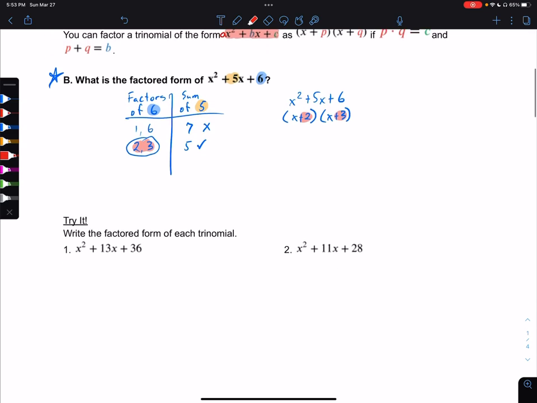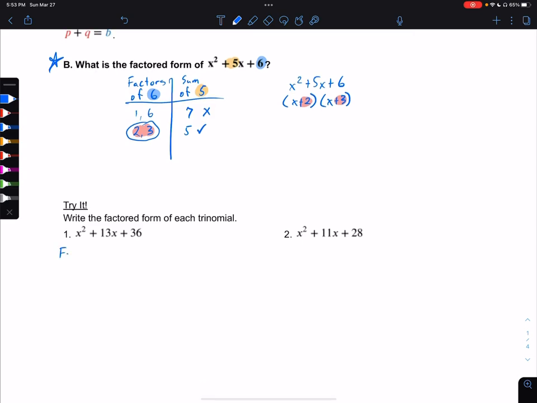So just to use another example, let's say we have Try It 1 here, write the factored form of each trinomial. You're going to look for factors of 36 that have a sum of 13.